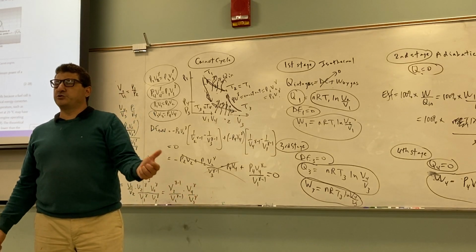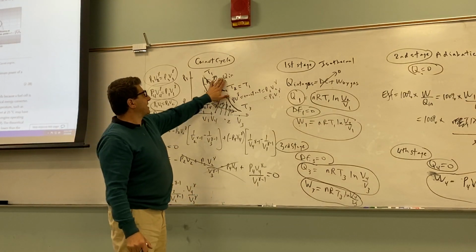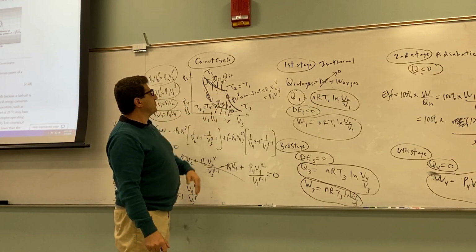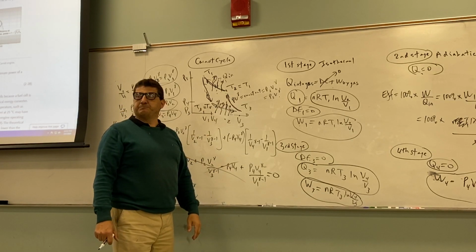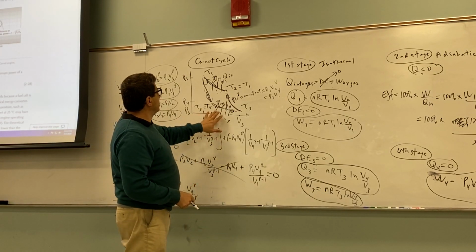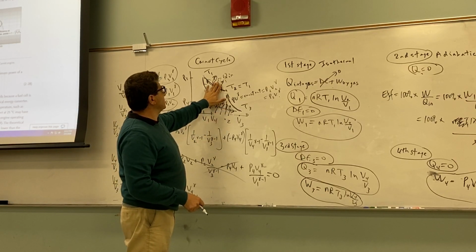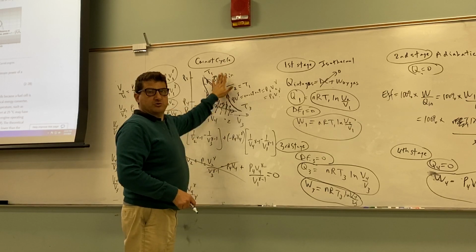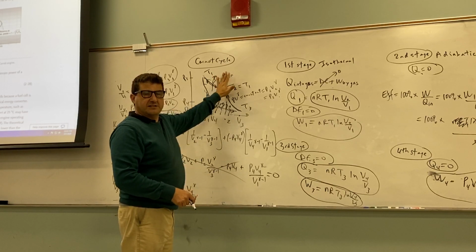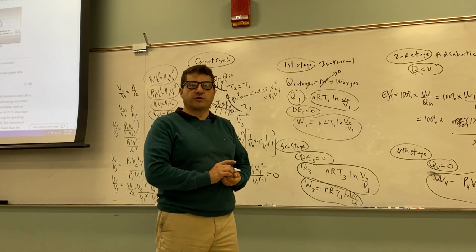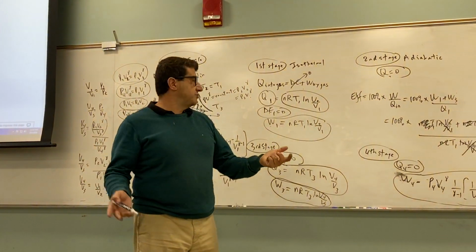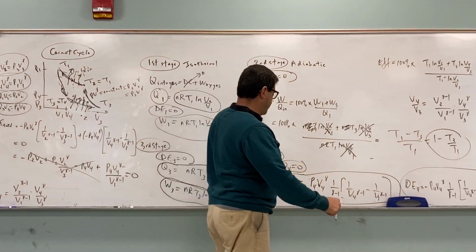And if you're using this as a heat pump or heater, this would be the outside air, and this would be the inside of the room, so you're dumping heat to the inside of the room, making it hot. So what would be the coefficient of performance then? We don't have to rederive it. What do we do here?